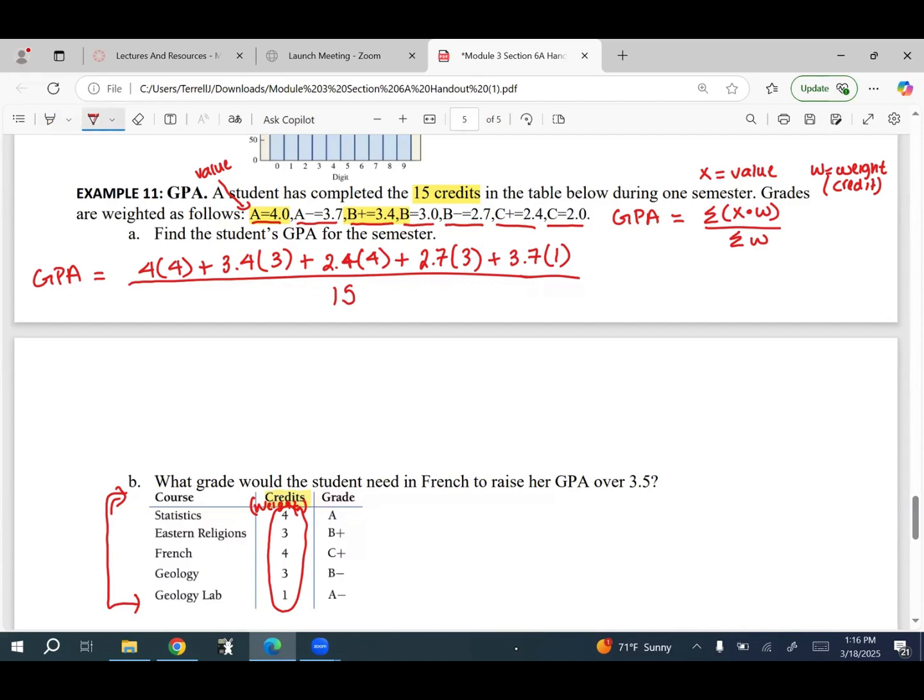And so to get one number on the top, you would multiply. You can write it just like that on the top. You should get 47.6 divided by 15. And when you divide that, how you would round this is how you would round a GPA. GPAs are rounded to 2 decimal places. So this would be a 3.17.